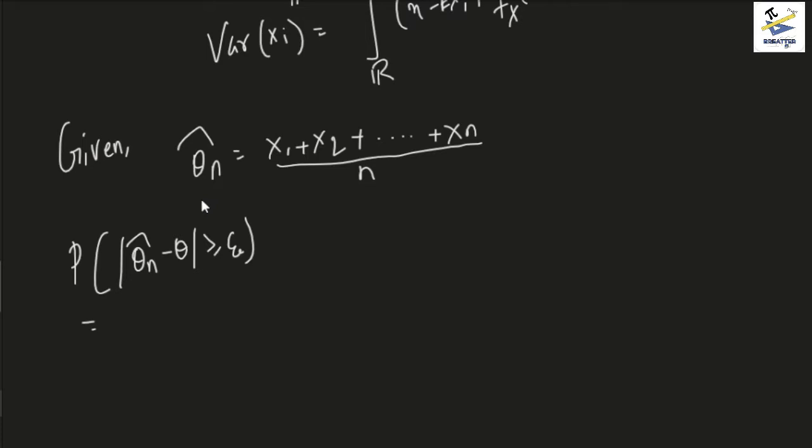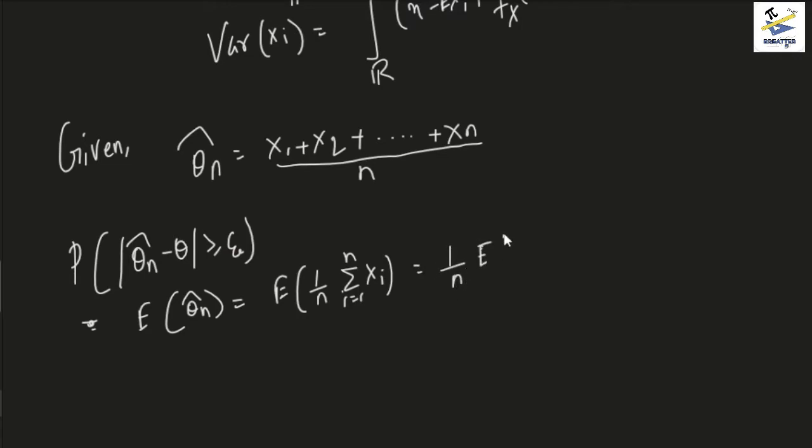Now this means we can use Chebyshev's inequality here, because E of theta n cap is E of 1 by n summation of i equals 1 to n xi, which is 1 by n times n theta, and this becomes theta, right?